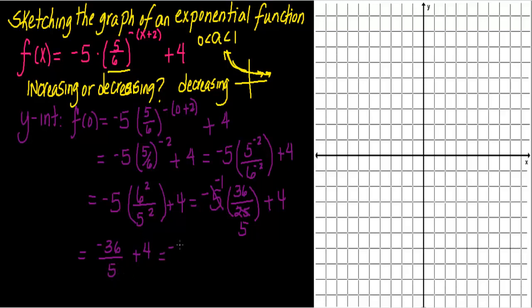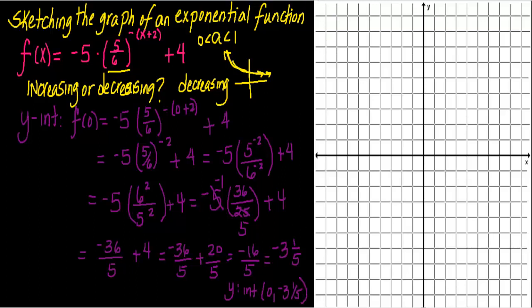So this becomes negative 36 over 5 plus 20 over 5. And that equals negative 16 over 5. And if we change that into a mixed number, that's negative 3, which makes 15, and 1/5. So my y-intercept is (0, negative 3 1/5).